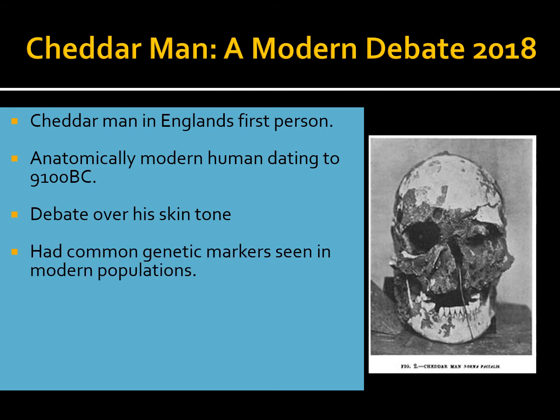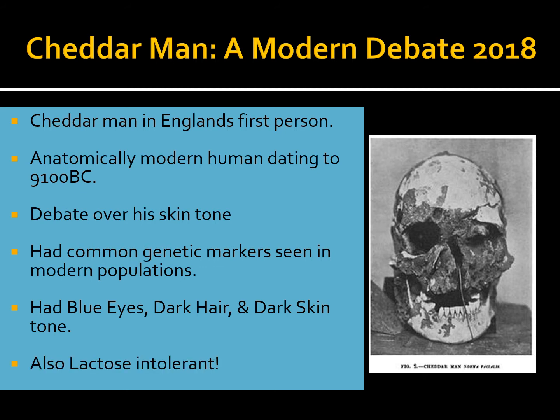He had common genetic markers seen in modern human populations, particularly those in Northern Europe and England. But running the other parts of his genome, we know that he likely had dark hair, blue eyes, and a darker skin tone. We also know that he lacked the genes needed to produce lactase in order to process lactose, right?